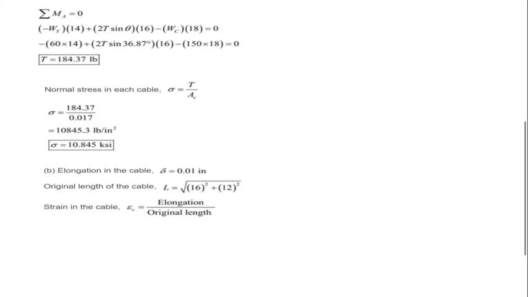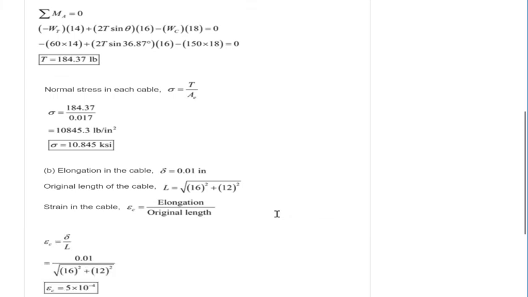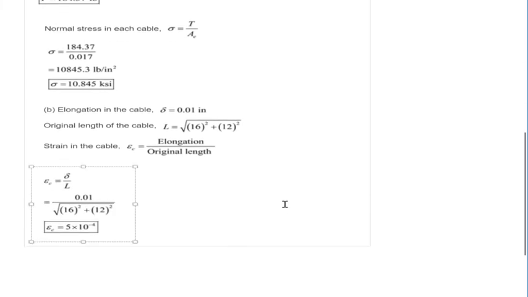Okay, by making all these operations, we find out that the strain of the cable would be the deformation, as I said, divided by the length, and would be 5 times 10 to the negative 4. It's dimensionless because the strain is always dimensionless, it is the division of two lengths.